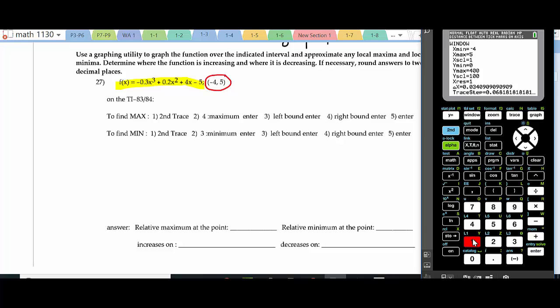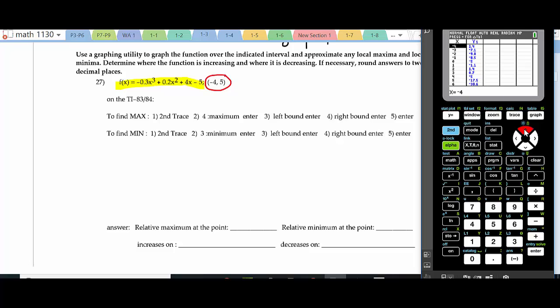Now, one thing I see students do all the time is they say, how do I know what to do for y? Here's how you know this. You have a table of values. If you go second graph, a table of values will tell you what your y's range for. If you look at this table, we're ranging from 1.4 all the way to -17.5.